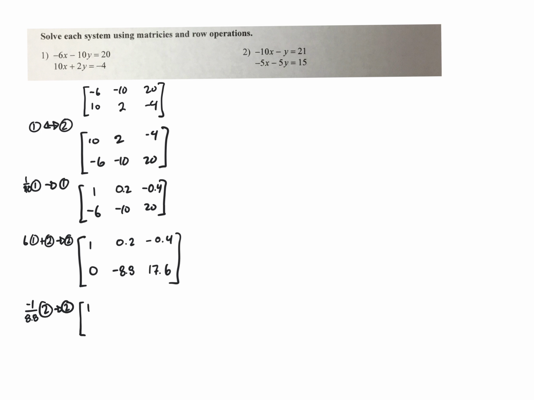So the first row stays the same. Well, any number times 0 just keeps that 0. This next one's just going to be 1, which is my goal, and I just need to say 17.6 divided by 8.8. It's going to be 2. That makes my life happy, but it's going to be -2.